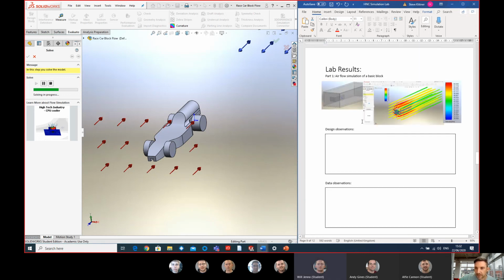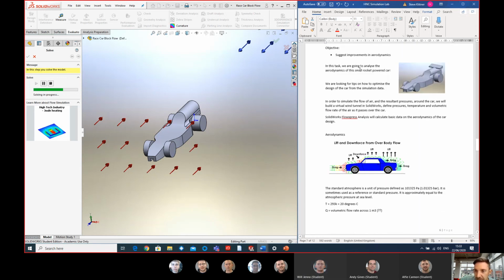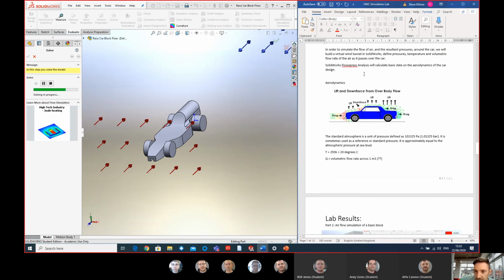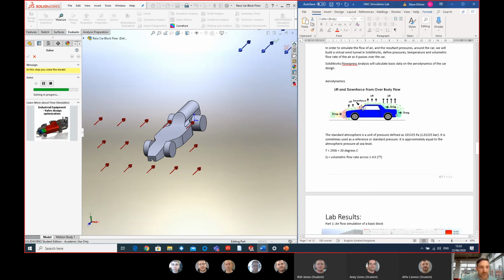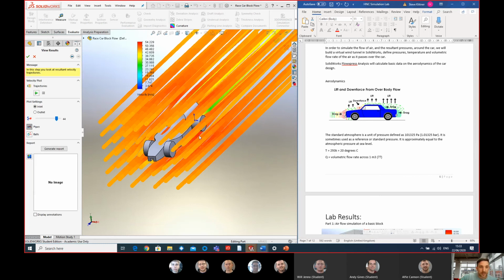As that's going, we're pretty much looking at drag here. And I've just put a little bit in the introduction for this task about the different types of aerodynamic forces that you'll see, to have a little look at. So we've got drag. Oh, there we go, it's done.